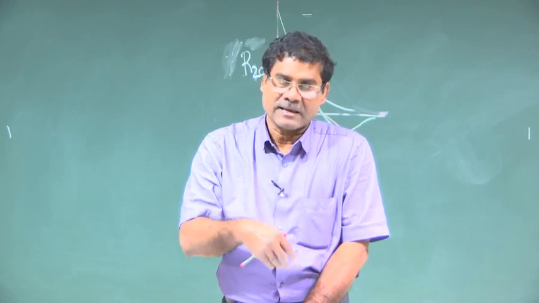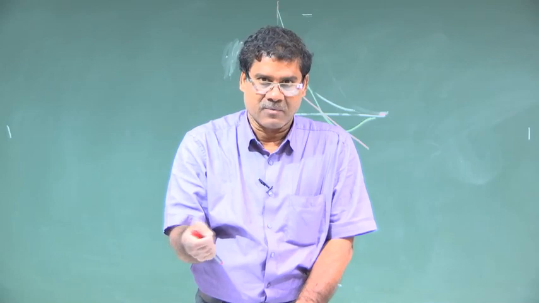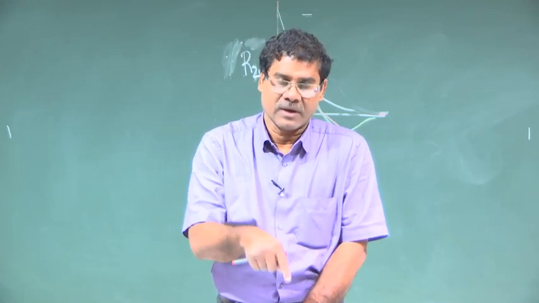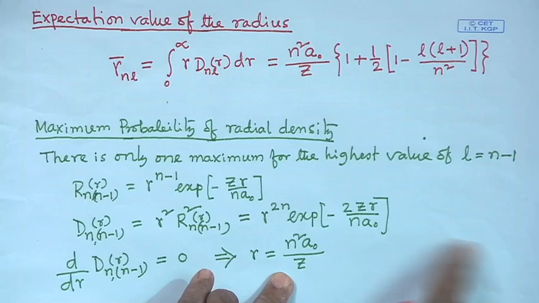It will be other places also, but its probability is very less compared to the orbit. So, basically from the wave function we are getting similar information to what we got from the Bohr model.